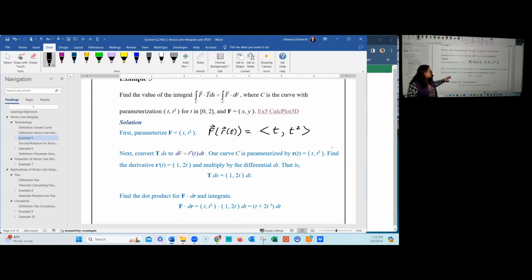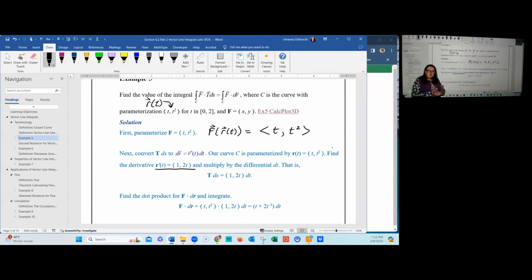In this case, we need to go ahead and compute r prime of t. r of t is t, t squared, which tells us then that we can take the derivative with respect to t, and we should come up with r prime equal to 1, 2t.